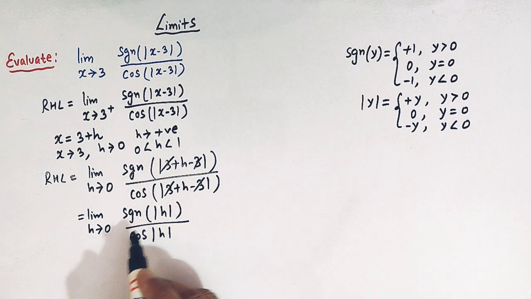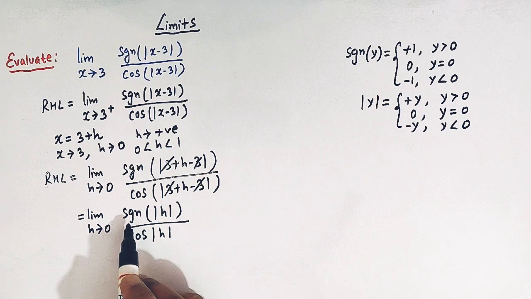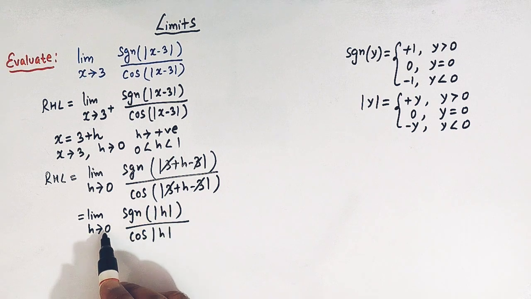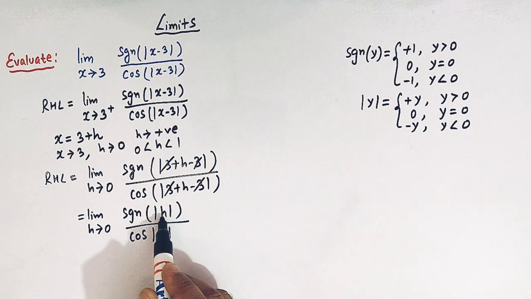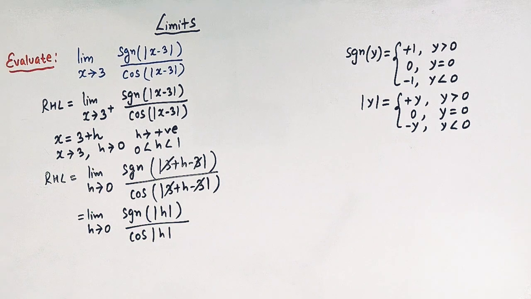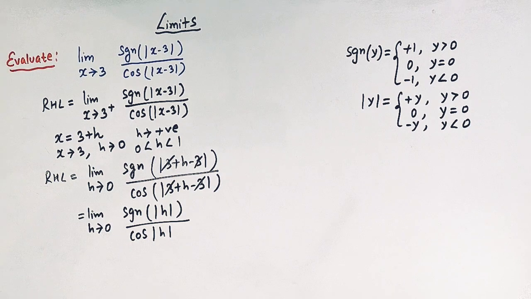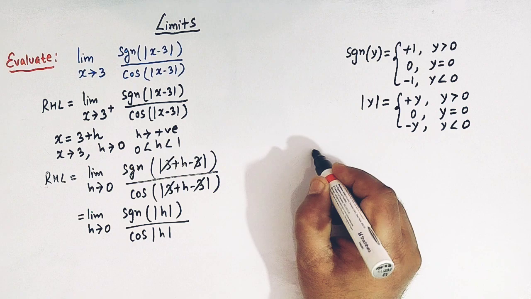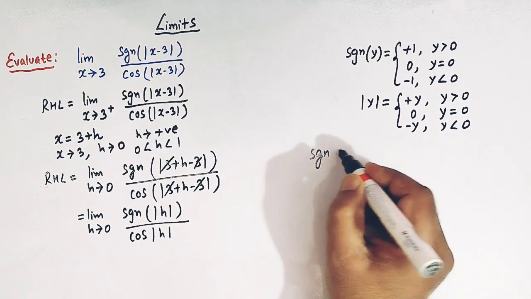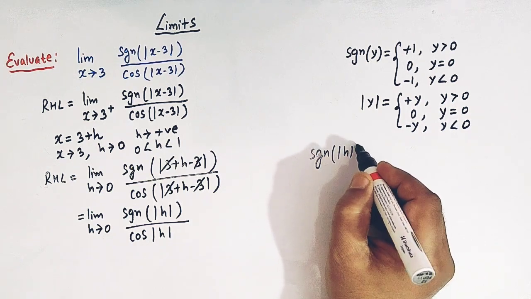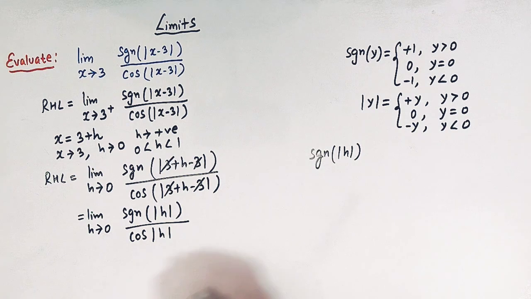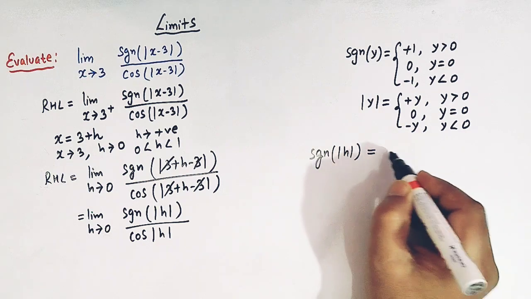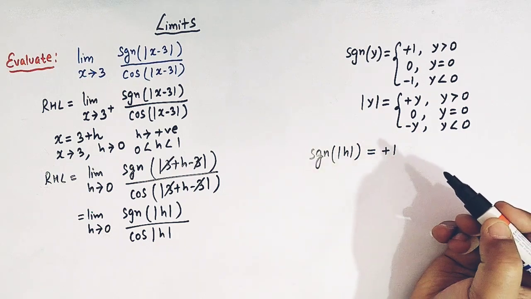Now see, in the numerator we have signum of mod of h. Here we cannot directly substitute h is equal to 0, right? What we will do is take signum of mod of h separately. So signum of mod of h is equal to positive 1. Why?